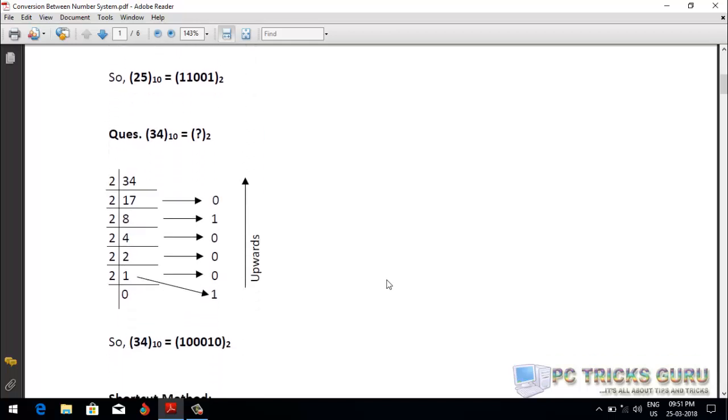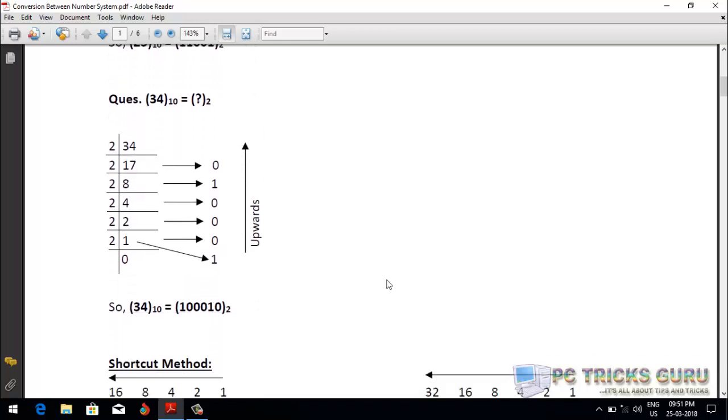I've taken 34 base 10 and I want to convert it into a base 2 number. So we have to follow the same process again. 34 divided by 2, and we get 17 as quotient, 0 as remainder. Now do the same thing, divide 17 by 2, we get 8 as quotient, 1 as remainder.